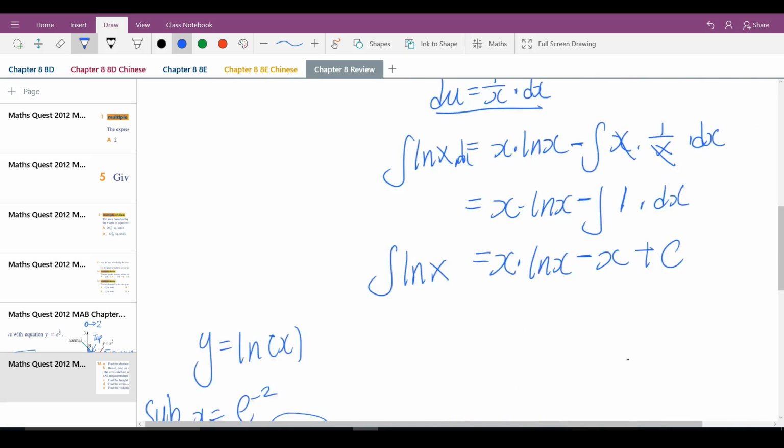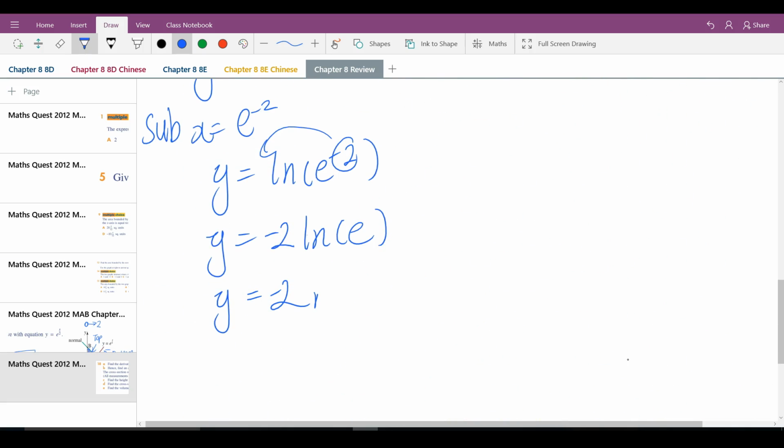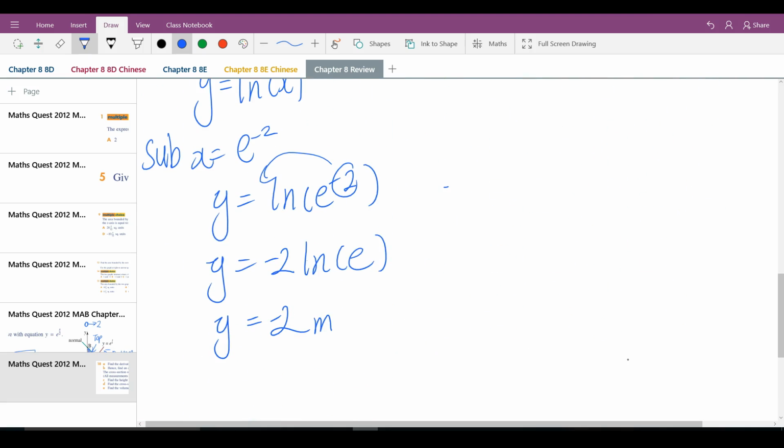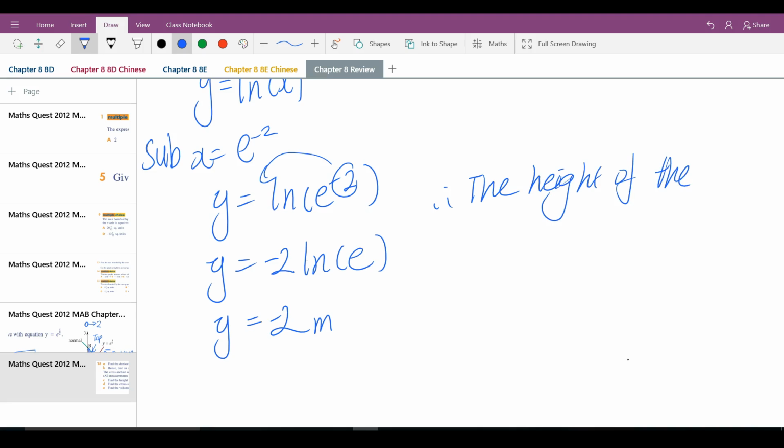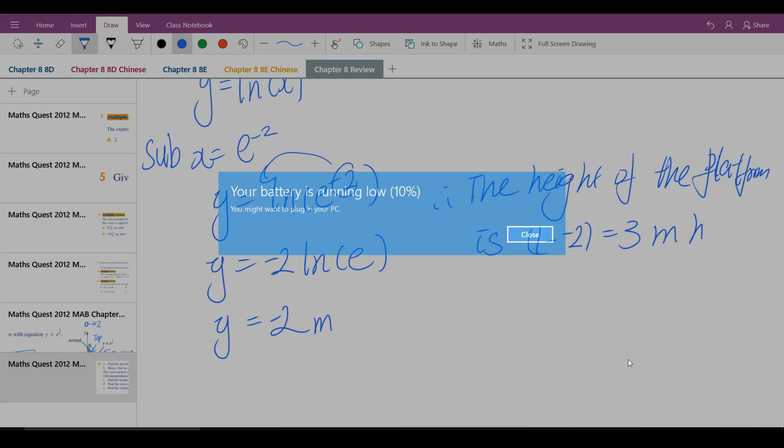I should also put negative 2 meters because all the units are in meters. So therefore the height of the platform is 1 minus negative 2, equal to 3 meters height.